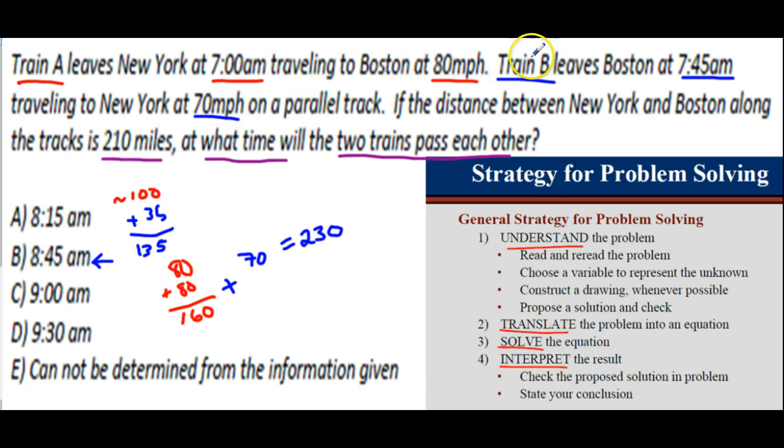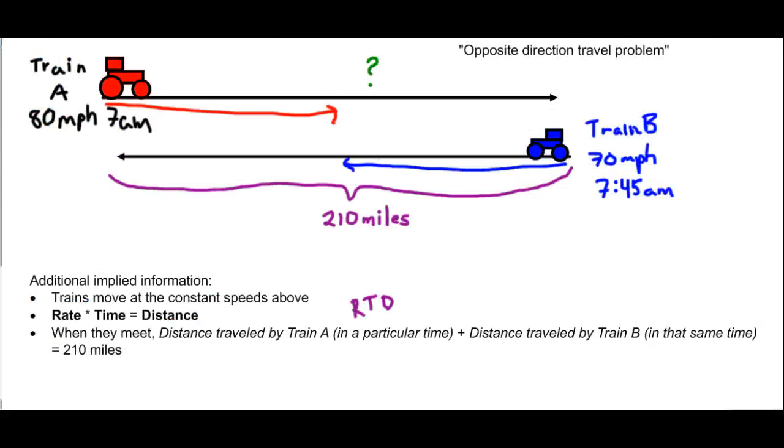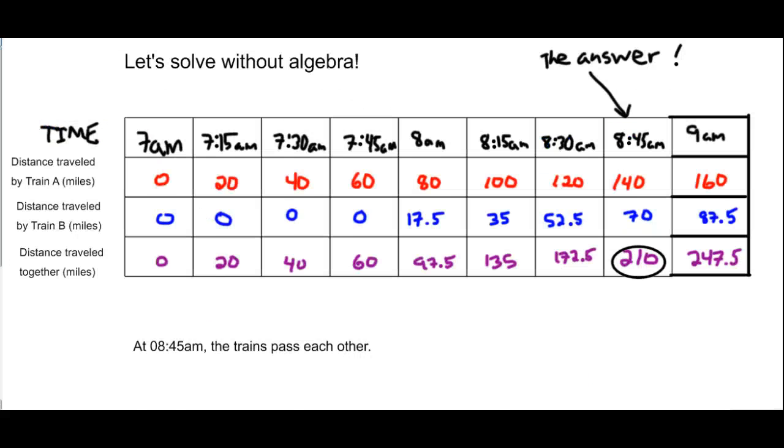They give us the speed in miles per hour. So we need to figure out how much later train B left after train A in terms of hours. This is 45 minutes later. What is 45 minutes in terms of an hour?